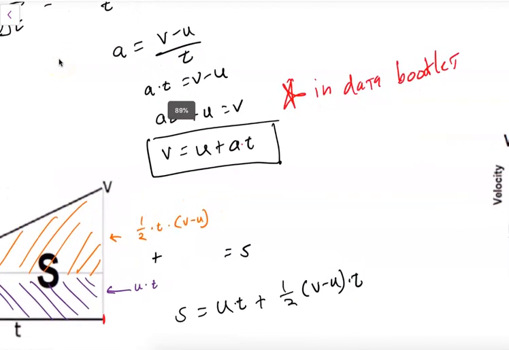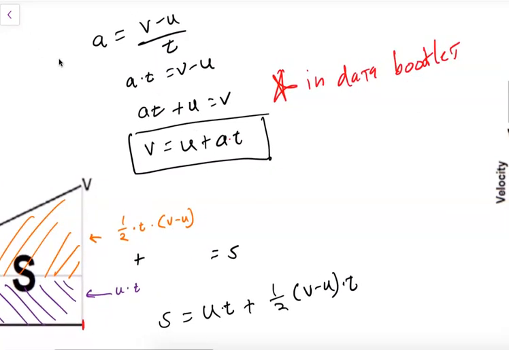So I'm going to want to substitute something in. And I see up here in my acceleration, I have at is equal to v minus u, and I have a v minus u here, and I have a v minus u there. So I'm going to be able to substitute this at portion into that part.